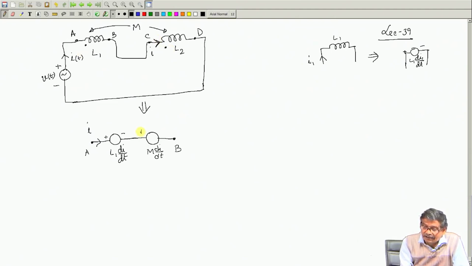Suppose di/dt is positive and it is entering here. So, in the second coil, if current enters through the dot, the other dot becomes the plus terminal. So, to the left hand side it will become plus towards A. That is what between A and B we have now, two sources of EMF.